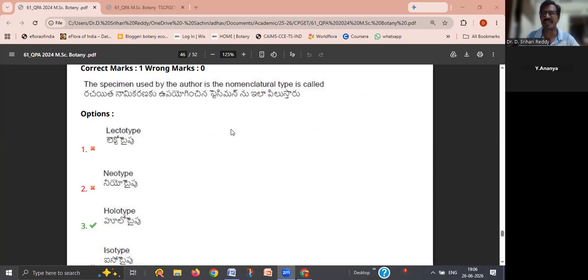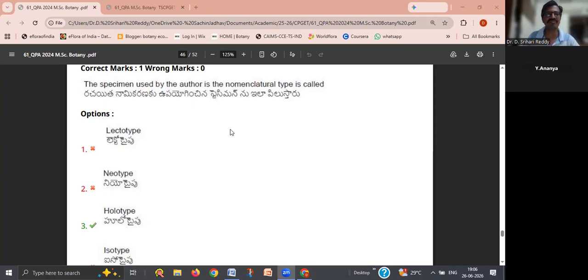The herbarium specimen: when an author finds a new species, he preserves that plant species in the form of a herbarium specimen. Then he describes that specimen and publishes one paper.